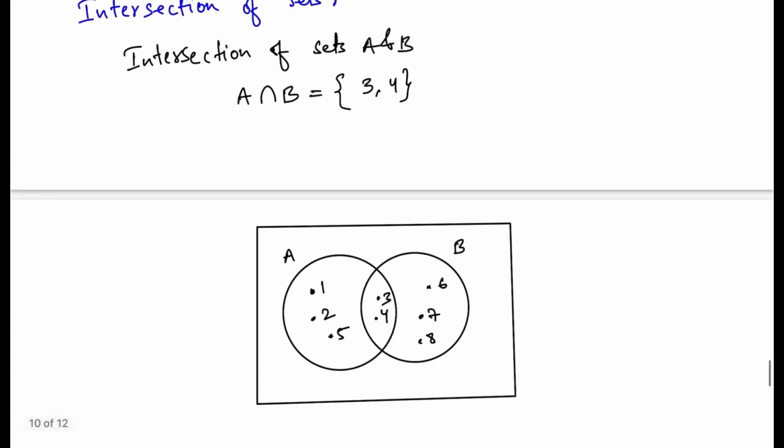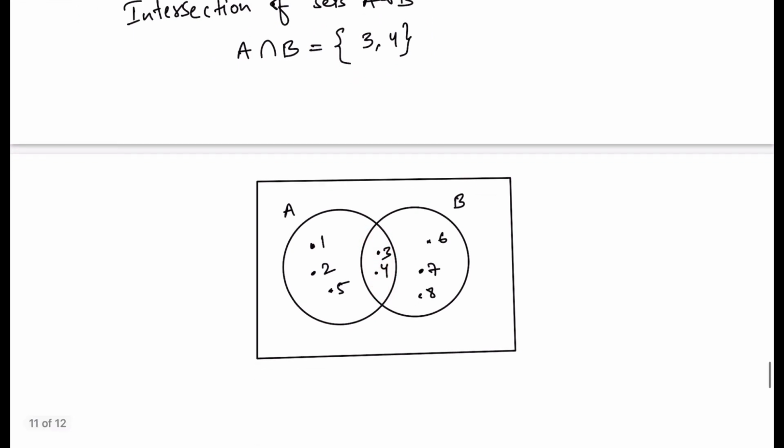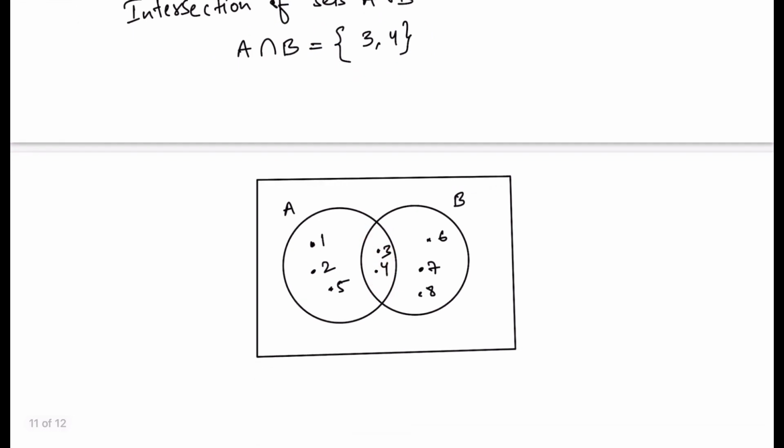Now see, intersection has elements 3 and 4. Okay, now which region has 3 and 4? This is the region that has the elements 3 and 4. Whenever you say intersection of two sets, only the overlapping part will be the intersection region. Only the overlapping part between two circles or two sets will be the region for intersection.